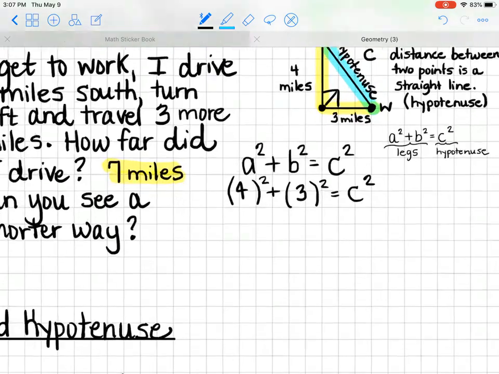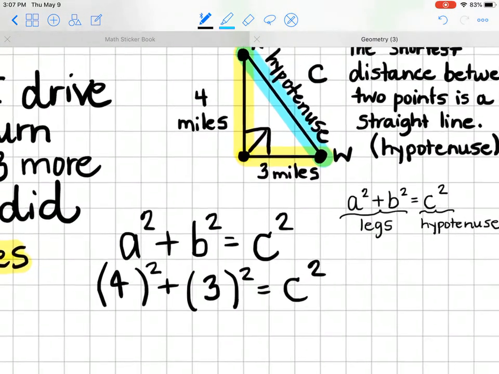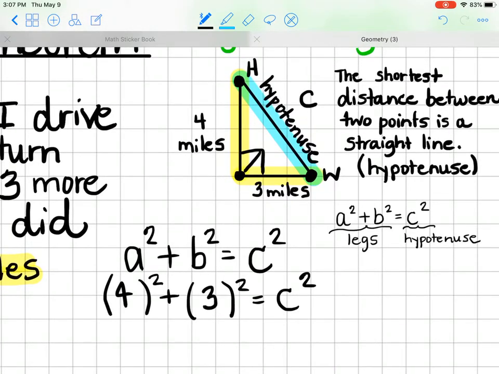So here is Pythagoras' formula with that particular example. So 4 times 4, or 4 to the second power, is 16. And 3 times 3 is 9. And I'll tell you what, some of you haven't had the algebra course, so let me break this down. 4 times 4 is 16.